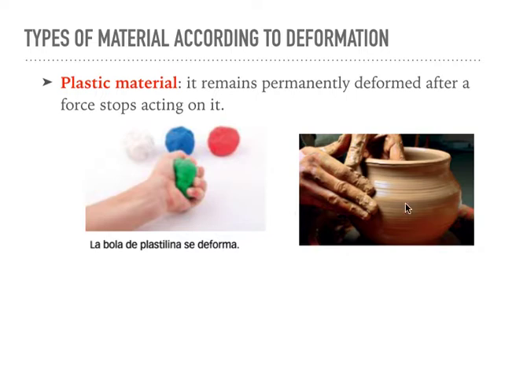For example, with clay, you can mold things because you press it, it takes the shape you want, and then you stop pressing, but it stays the same. Here, of course, you have all played with this, and you have seen that you can deform it very easily and create the forms you want, and then it stays the same. So that's a plastic material.